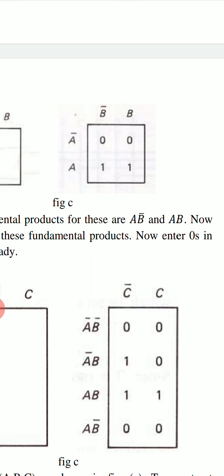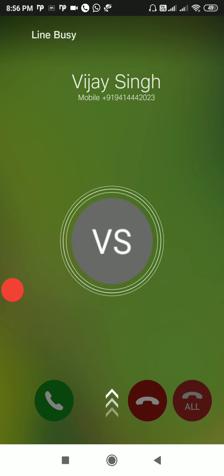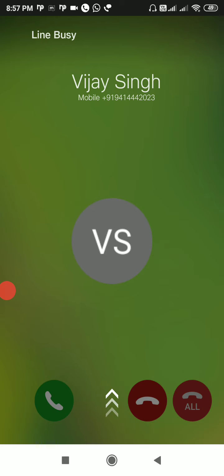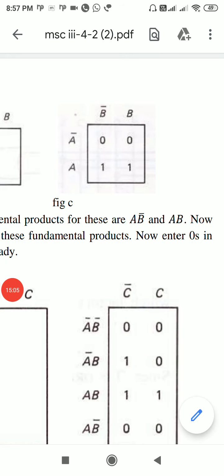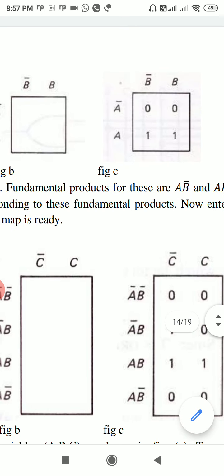For A B bar we take the row of A and the column of B bar. And for the second fundamental product, that is A B, we take the row of A and the column of B and put 1 there, and in the remaining two places we put 0. So in this way the Karnaugh map is prepared for two inputs A and B.